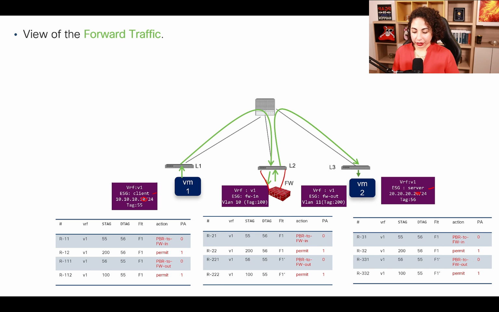So this first leg, we are going to say that this is the firewall in ESG, and the second leg here is going to be the firewall out ESG. The firewall in ESG has a tag of 100, and the firewall out ESG has a tag of 200. Here we are matching on interface VLAN 10, and here we are matching on interface VLAN 11.